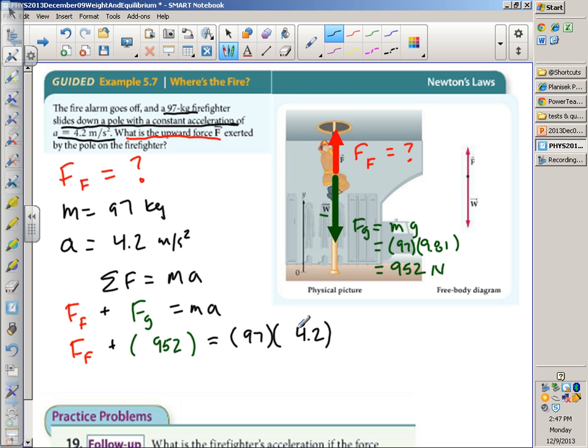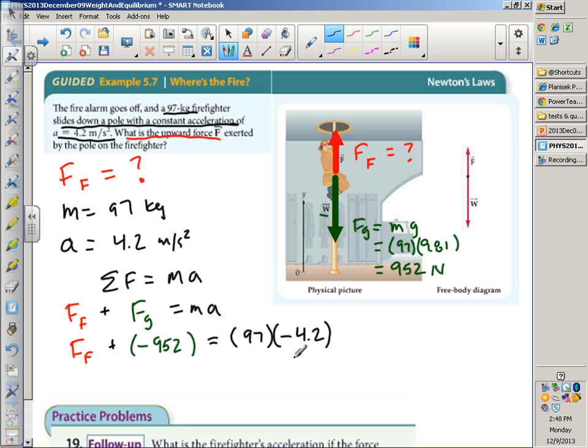Now, before we start doing this, it's important that we add those signs. So 952, what sign is that going to have? It should be negative, it goes down. But what does it tell you about the acceleration in this problem? It's negative also, because he's sliding down the firefighter pole. So anything down has to be negative.